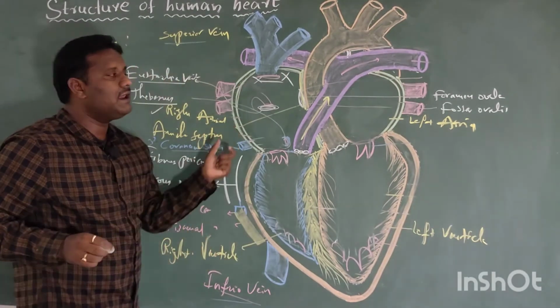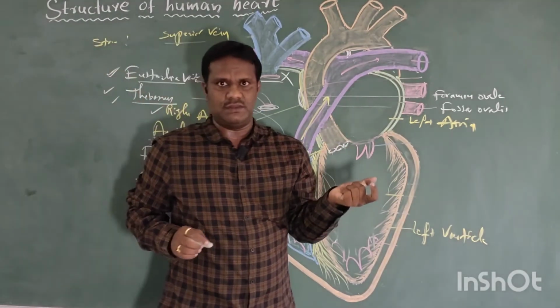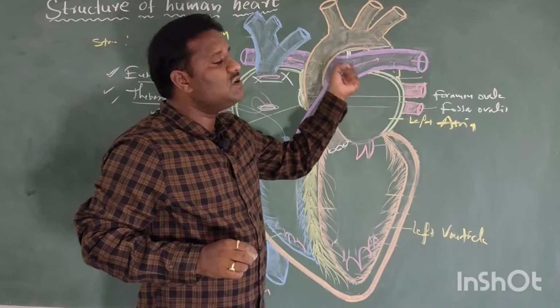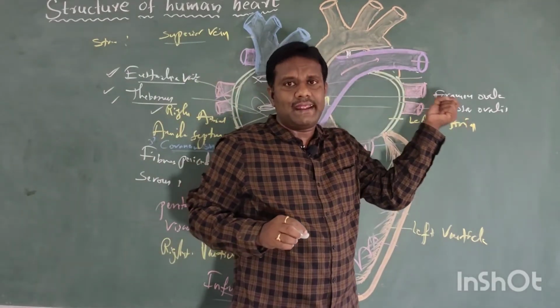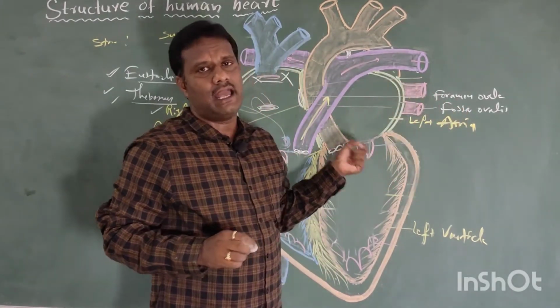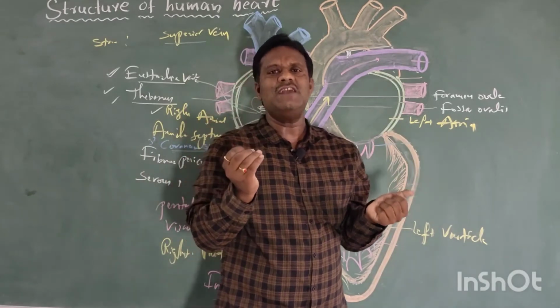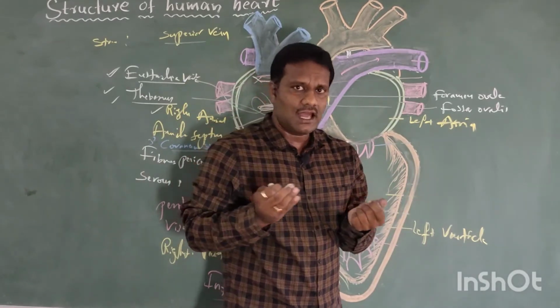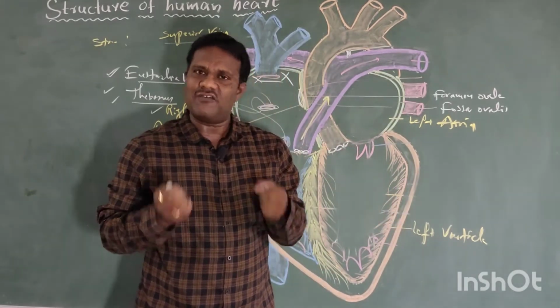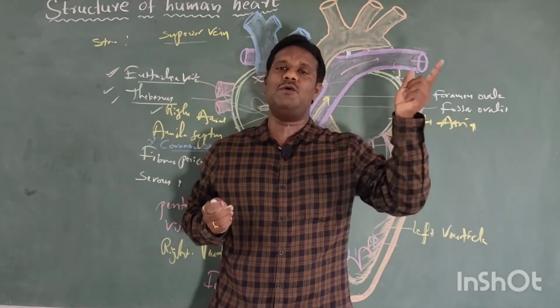Next, we are coming to the left atrium. In the left atrium, fresh blood enters directly with the help of the pulmonary veins. Generally, veins carry waste blood except the pulmonary veins.